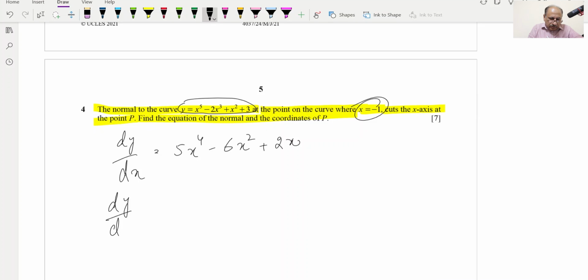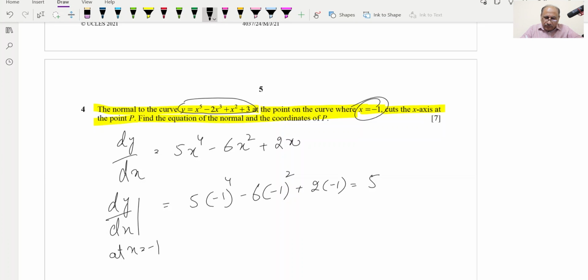So dy by dx at x is equal to -1 will be equal to 5 times -1 raised to 4 minus 6 into -1 raised to the power 2 plus 2 into -1, and this one we can rewrite as 5 minus 6 minus 2, so 5 minus 8 will be -3, so this will be the gradient.